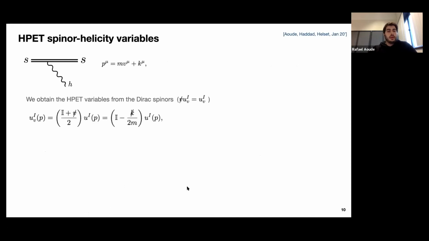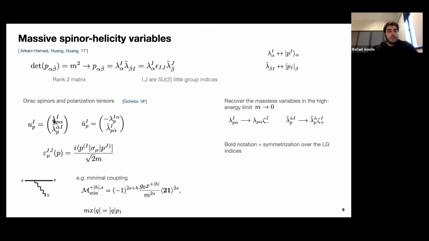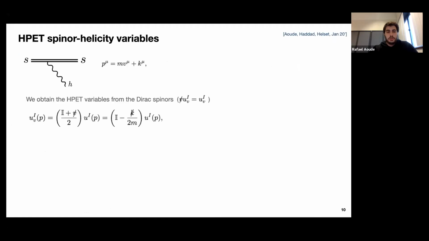So how do we define the HPET variables? It's very simple. It's from the Dirac spinors. From before, we saw that we can write the lambda and lambda tilde inside the Dirac spinors. And there's a relation from heavy quark effective theory that the heavy Dirac spinors are related to the normal Dirac spinors via a projector.